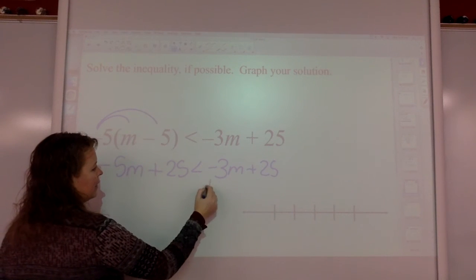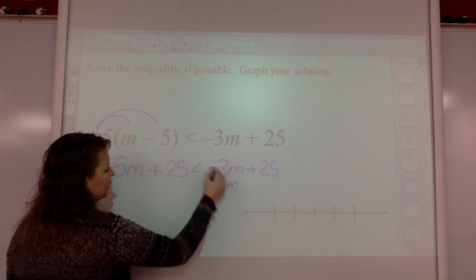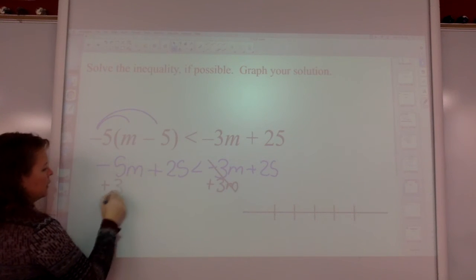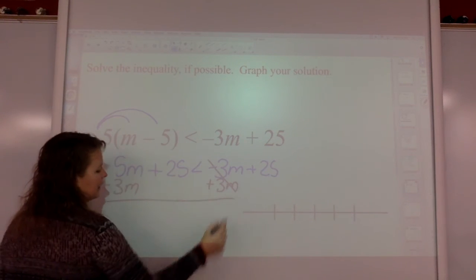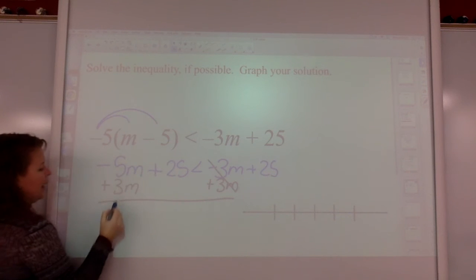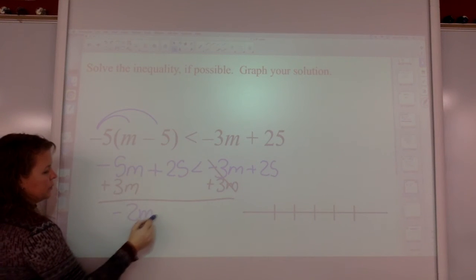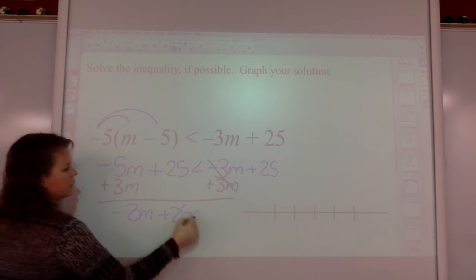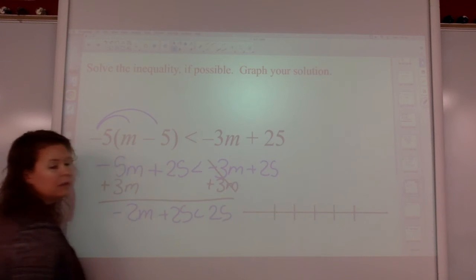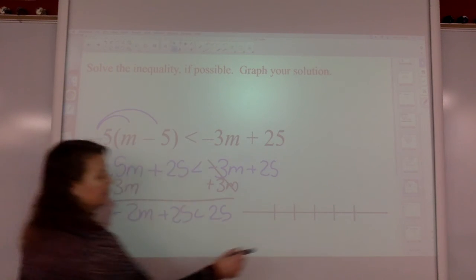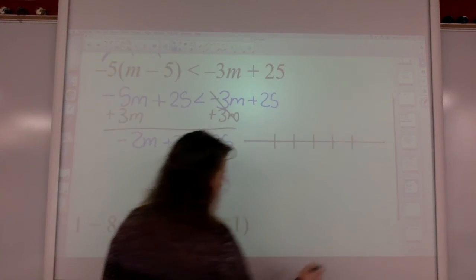I'm going to add 3m over to the other side. This time it did not cancel out. I have negative 2m's, which means we are going to have a solution and we are going to have a graph. You've got to keep going, two more steps.